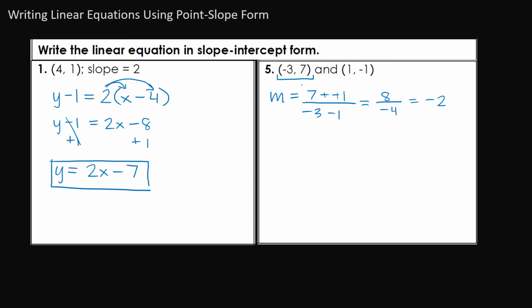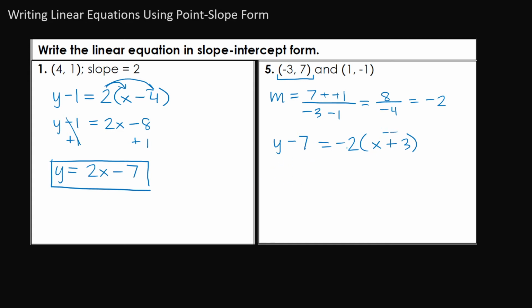So my y value is positive 7, so it's going to be y minus 7, y minus y1, is equal to slope, which is negative 2, times x minus x1. Now notice this is a negative 3. This would be saying x minus negative 3. So we're just going to write it as x plus 3. X minus negative 3. Double negative here.